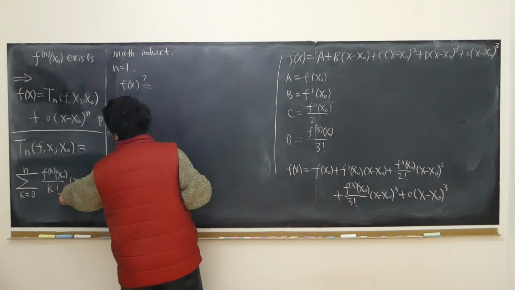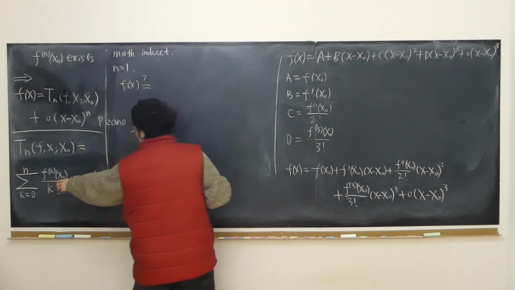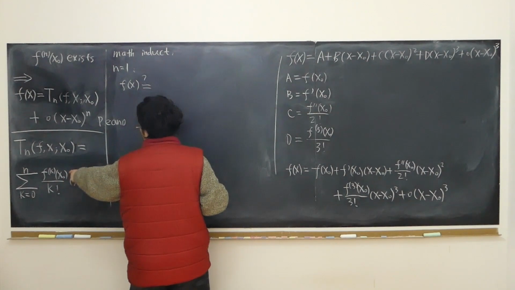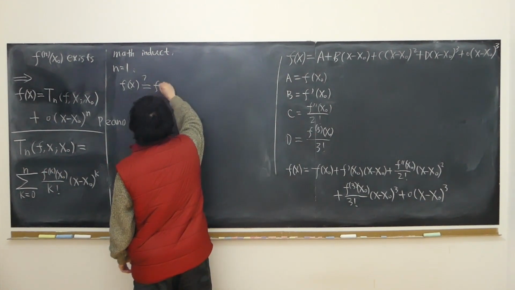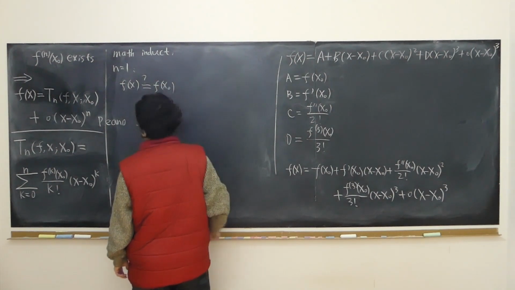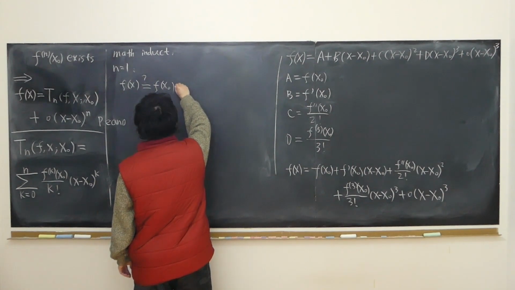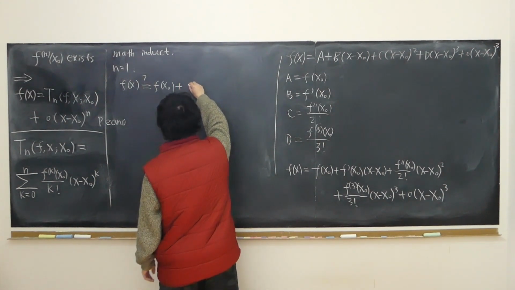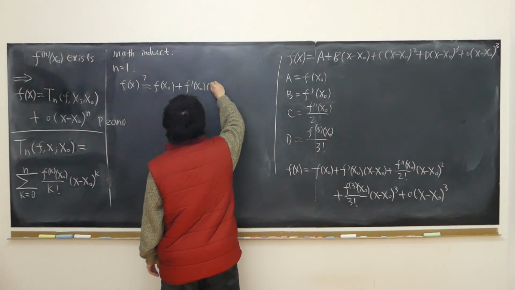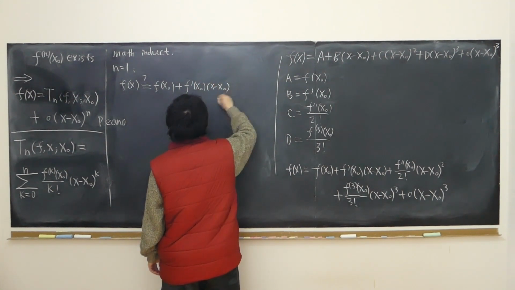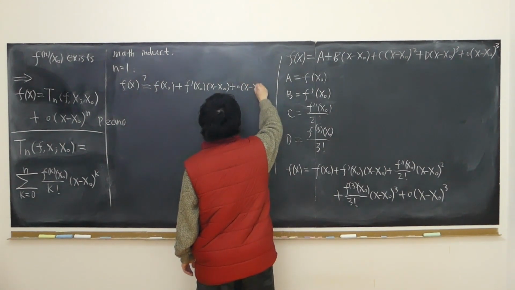So the sum goes from k equals 0 to 1. The 0th order derivative, that is the function itself, f of x0, times (x minus x0) to the power of 0, which is just 1. Plus the next one is the first order derivative, f dash of x0 times (x minus x0), plus little o of (x minus x0).